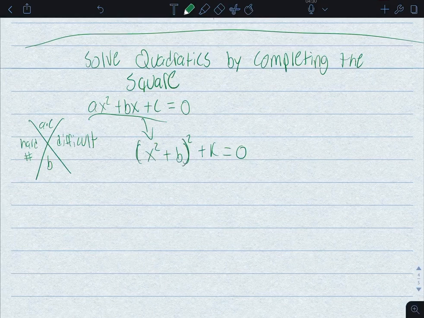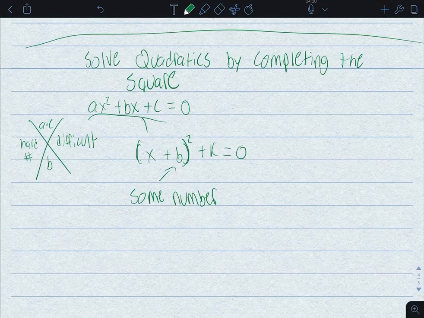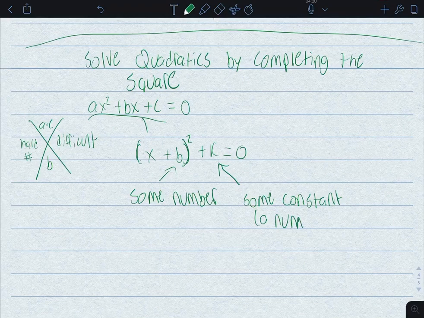We're going to have x plus some number inside parentheses being squared, and then on the outside we're going to have some constant, which is just another number.